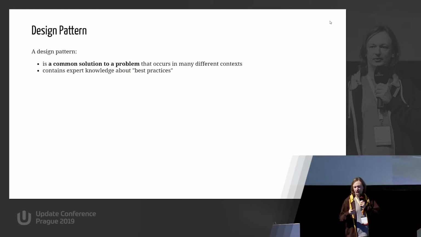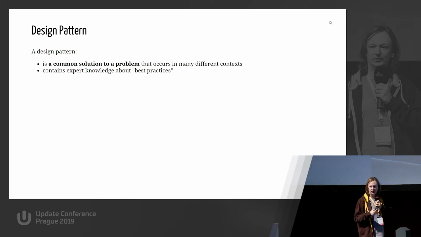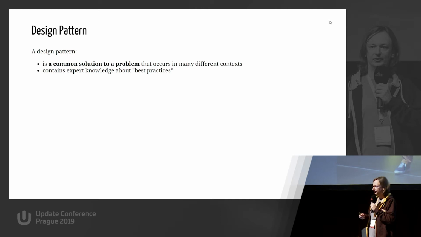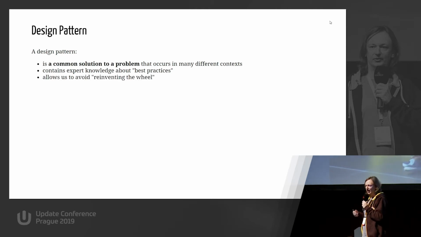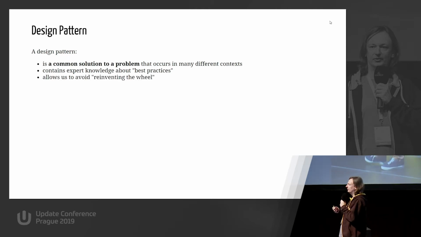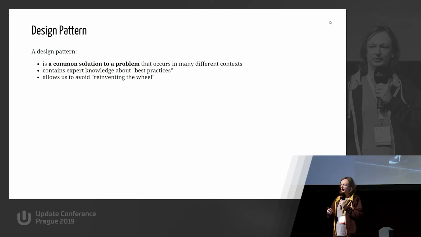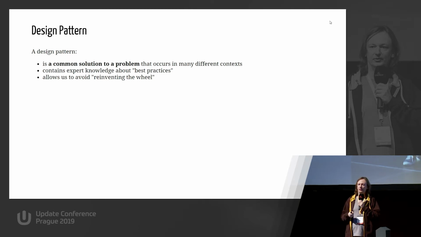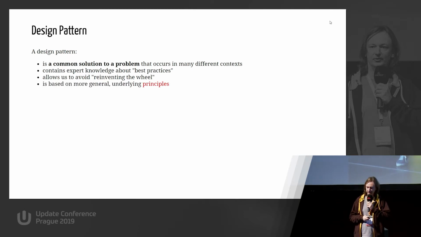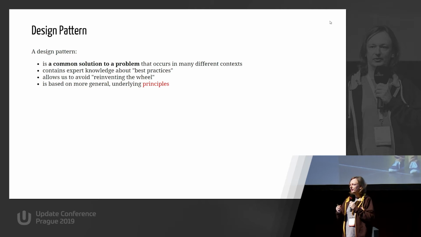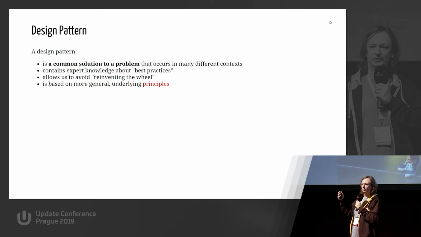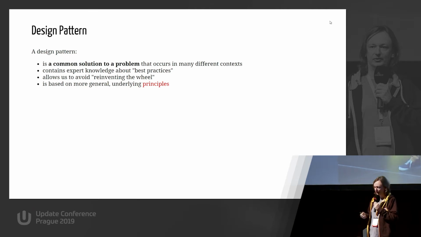So it is why a design pattern is beneficial, because it contains expert knowledge about the topic, how it can be solved, contains best practices, allows us to avoid the problem of reinventing the wheel. There are common problems, so why should we reinvent the wheel and try to solve this problem again and again? So it is very beneficial for us as a list of problems and solutions to problems.